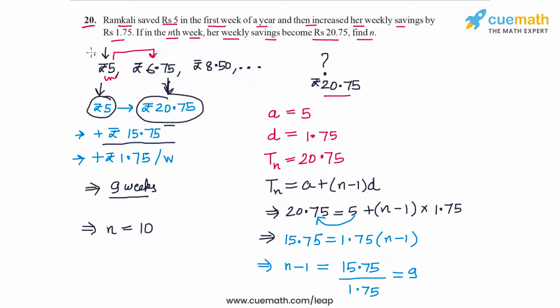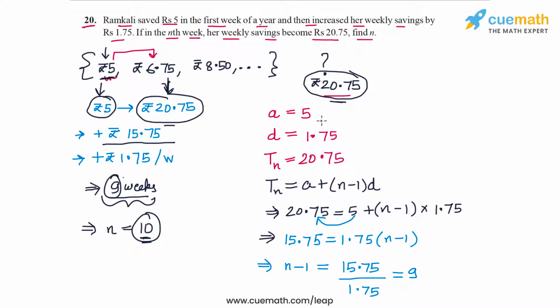So in this AP that we wrote for weekly savings every week, the term 20.75 comes at index 10, and this means, as we saw earlier, that in week number 10 the weekly savings will become rupees 20.75. So make sure that you understand the difference between this 9 and this 10. 9 weeks is the time elapsed between the savings of rupees 5 and rupees 20.75.